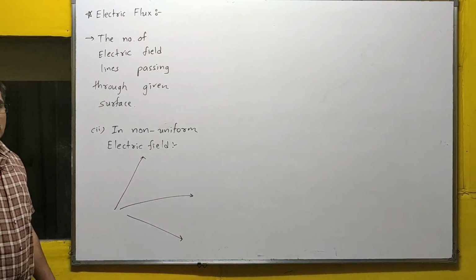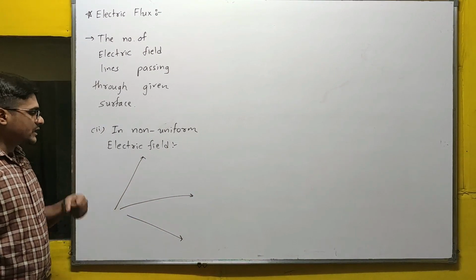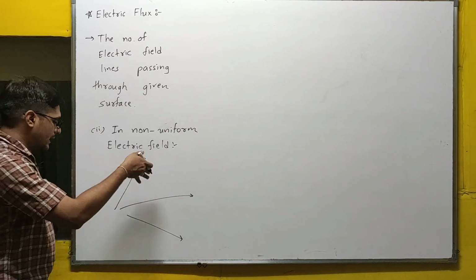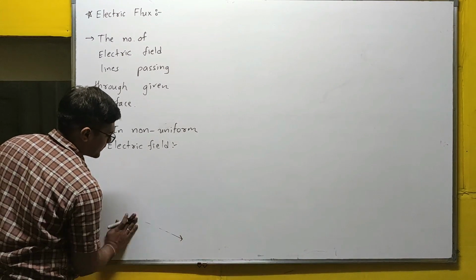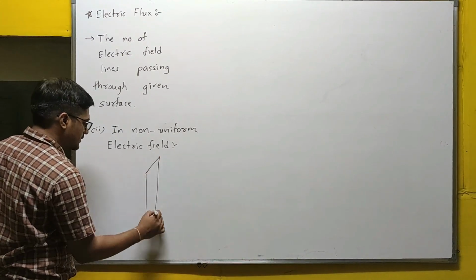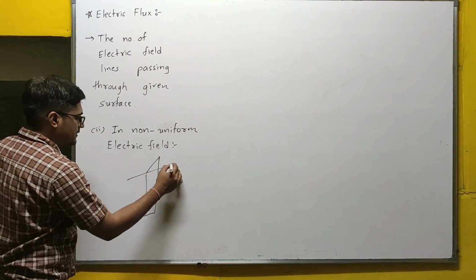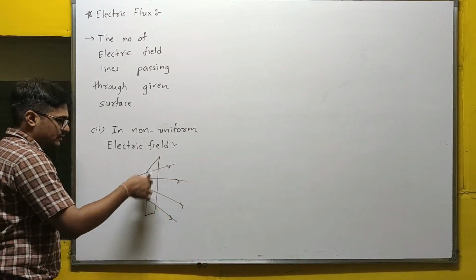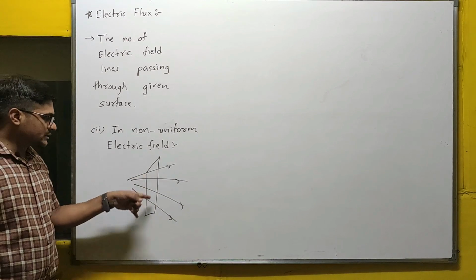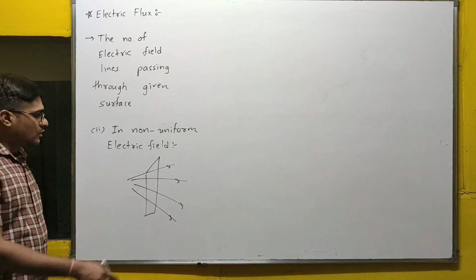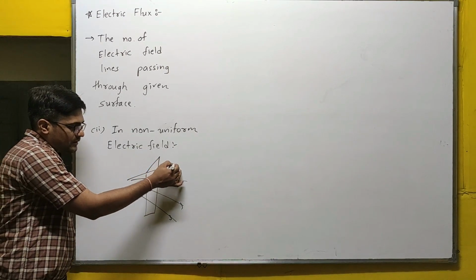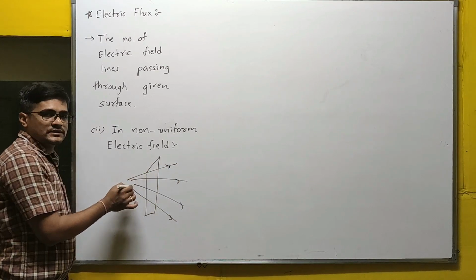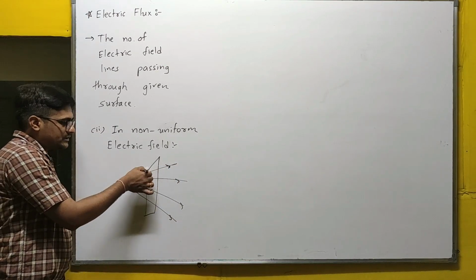Then how will you find the flux associated with any plane or surface? So consider this surface, and the electric field is non-uniform, meaning it is different at this surface. So the number of field lines passing through the surface in different areas is different.